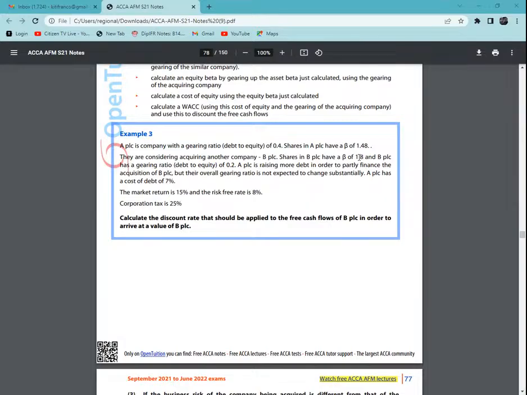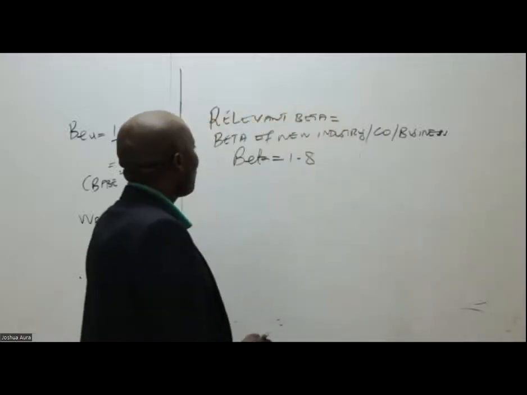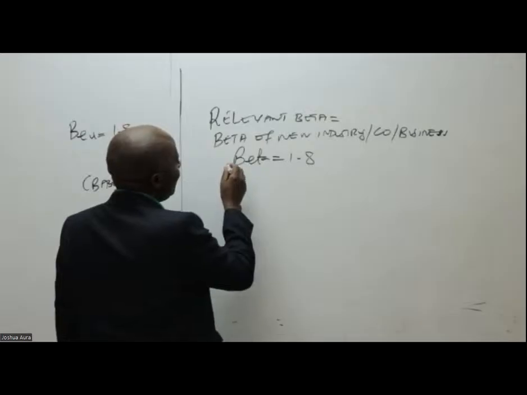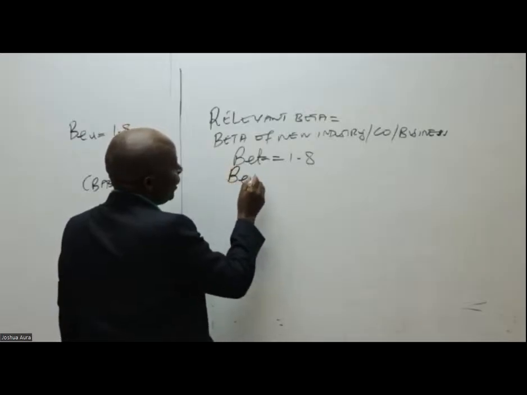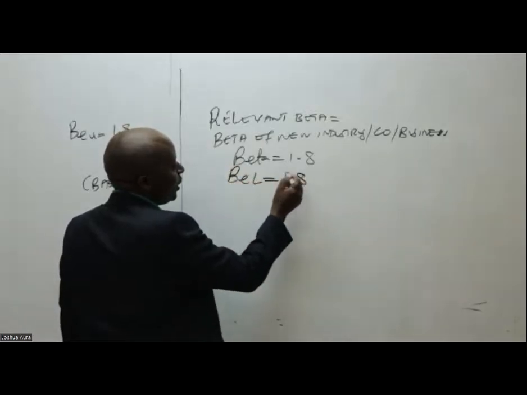Then I need to ask myself, is this new business levered or unlevered? You look at the capital structure given. I can see it has debt and equity in it, so it's a levered firm. And if it's a levered firm, ladies and gentlemen, then this beta is beta equity of a levered firm, which is 1.8.